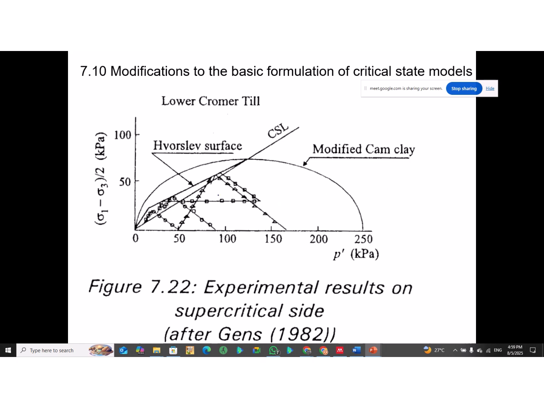So you can be sure that all these things have been results of postgraduate research. Maybe this one could be a PhD, maybe the modified one. The one who came up with Cam clay probably was pursuing their PhD, and Hvorslev probably too. Usually universities have groups of research under one professor.